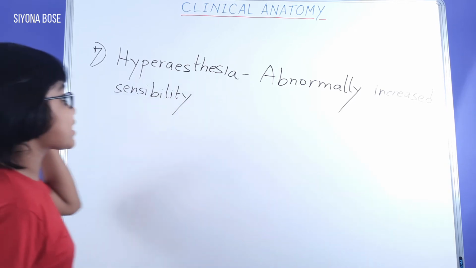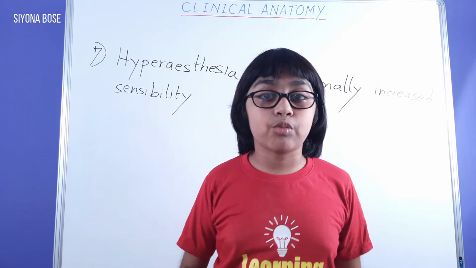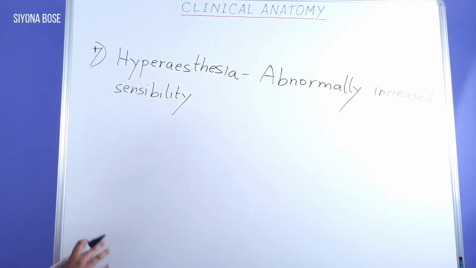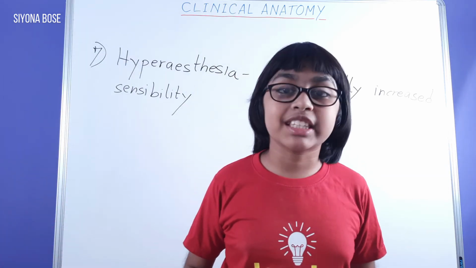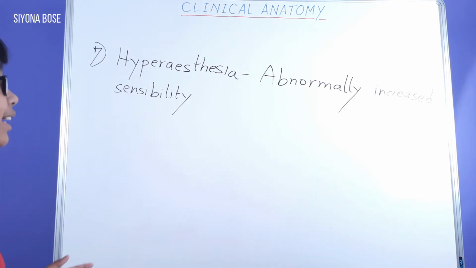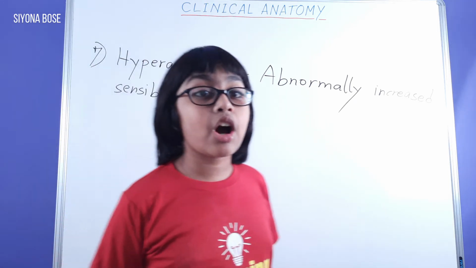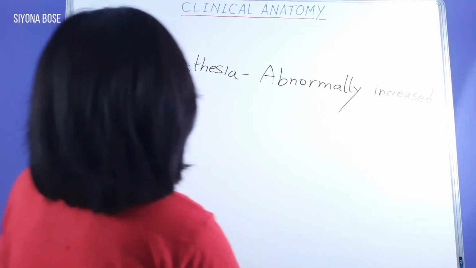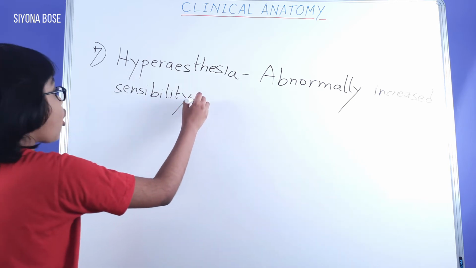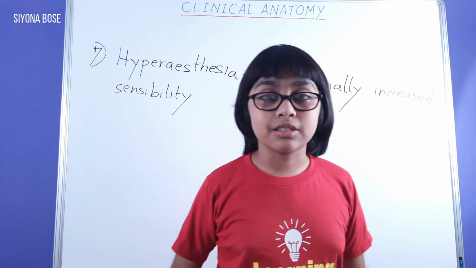That is hyperesthesia. For example, if a person with hyperesthesia touches a warm cup of coffee, that person may say, oh my god, it's so hot. That kind of abnormally increased sensibility is called hyperesthesia.